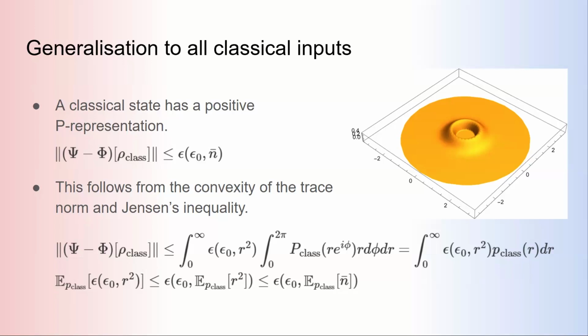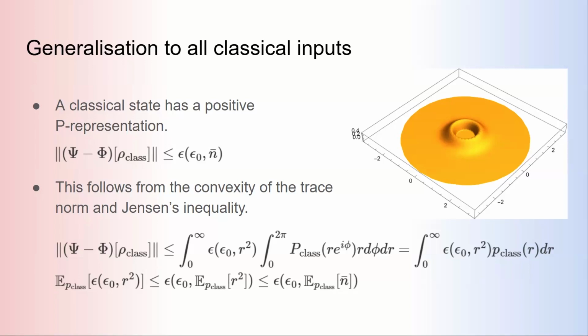Quasi-probability means that it can sometimes be negative, but it still integrates to 1 across all states. If it has a positive P representation, that means it can be represented as just a normal probability distribution over coherent states. A coherent state is just a delta.